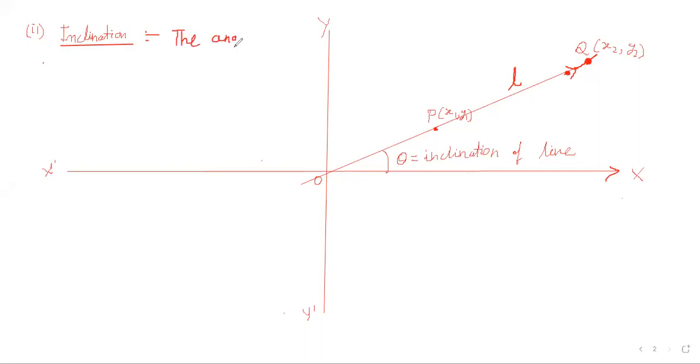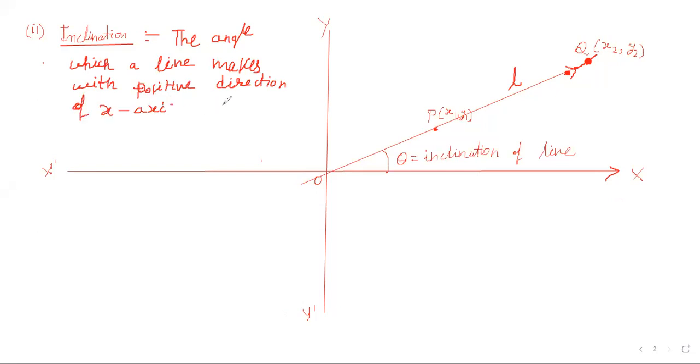The angle which a line makes with the positive direction of the x-axis is called its inclination, denoted by the Greek letter theta.